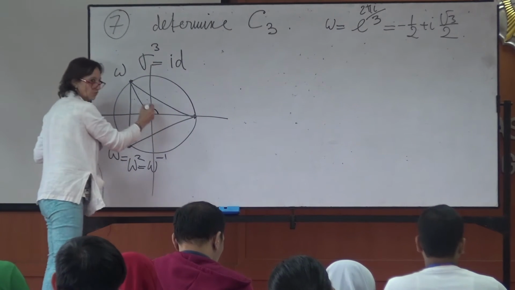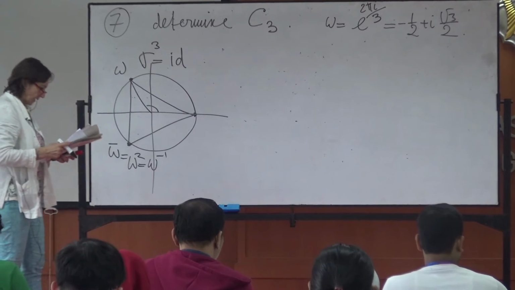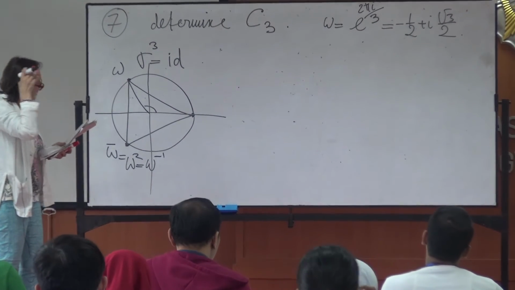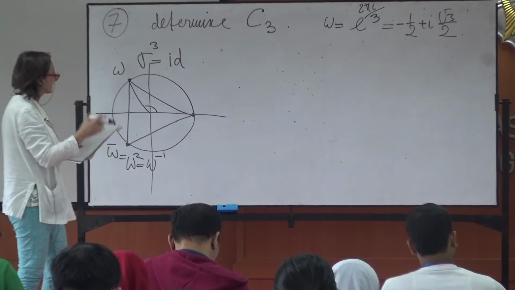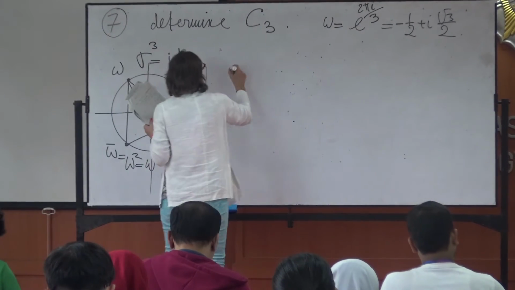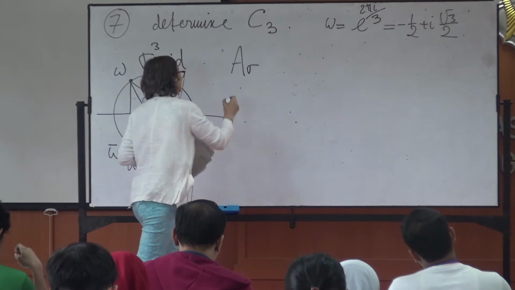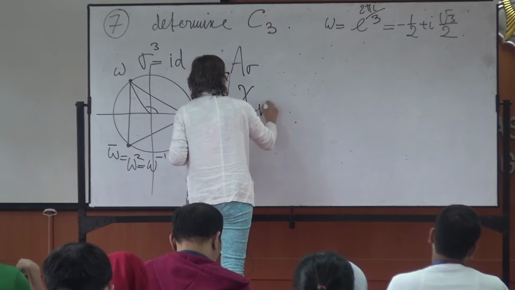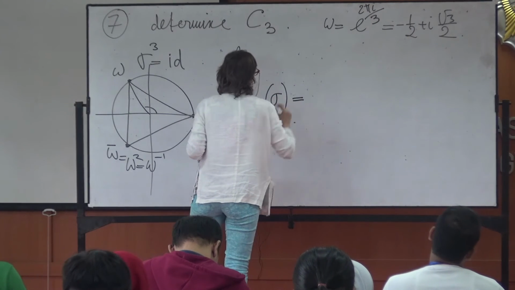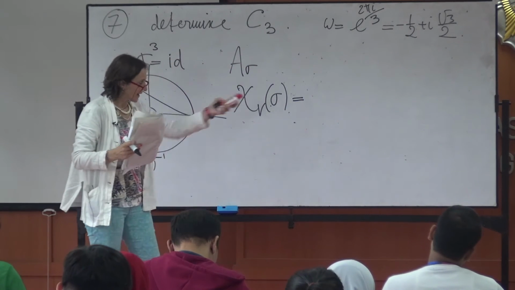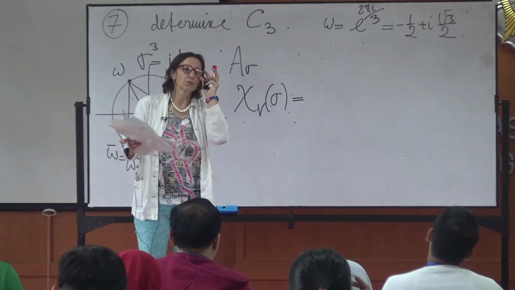Okay, this is 120 degrees. Now, if you have the representative matrix of a sigma with this kind of eigenvalues, the character of sigma, for instance, in the 5-dimensional case, will be the sum of 5 cubic roots of 1.